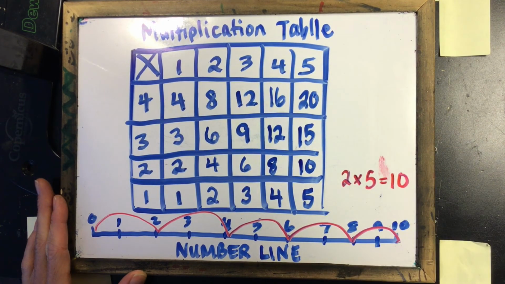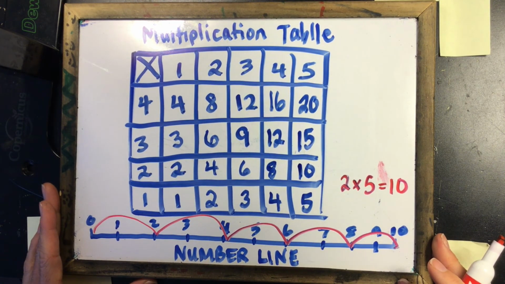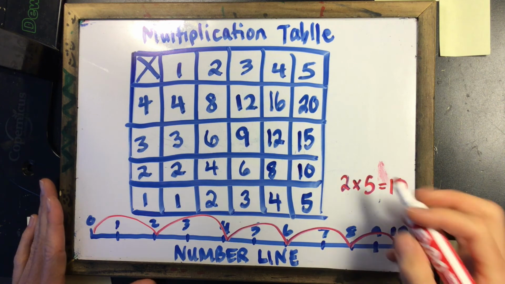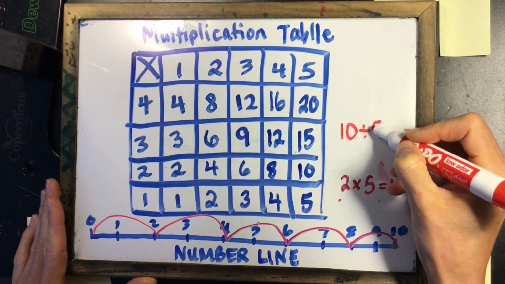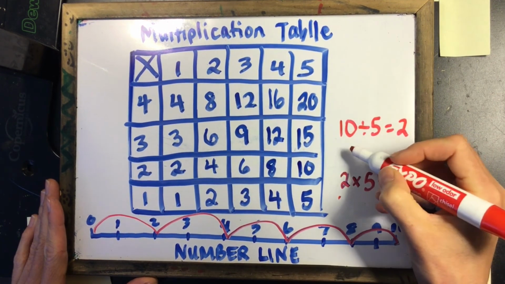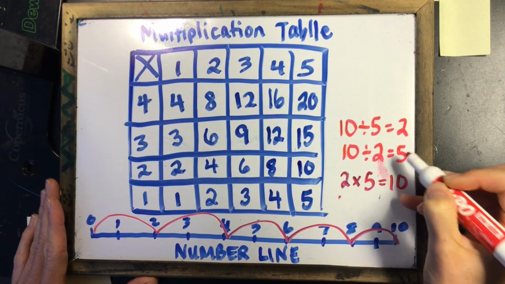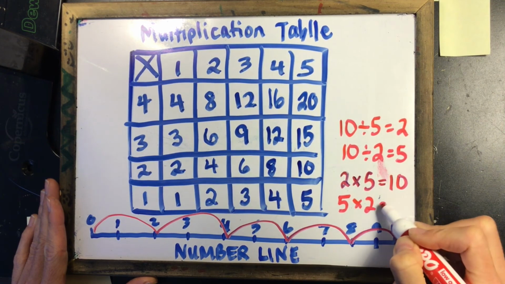Awesome. Okay, now I can also do it in a division form. So I could go 10 divided by 5 equals 2. 10 divided by 2 equals 5. And if I want to go another step, I can do 5 times 2 equals 10.